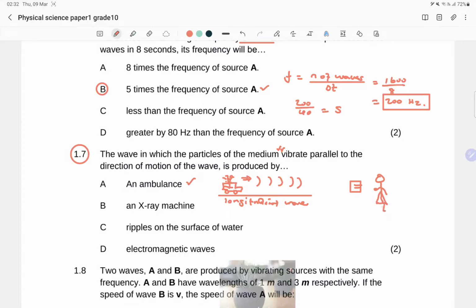Okay, let's make this one a woman. She's standing there, and then this is projecting the X-rays. Remember now, if you're looking at the wave of the X-ray, it's going that way. It's going to hit tissue. That is going to be now pushed sideways like that. So do you see this one essentially produces what we call transverse waves?